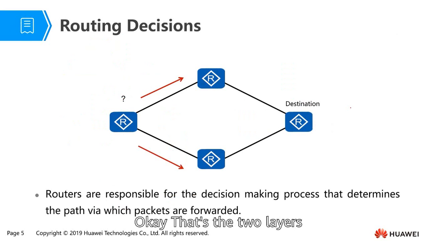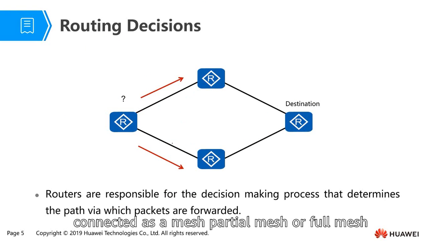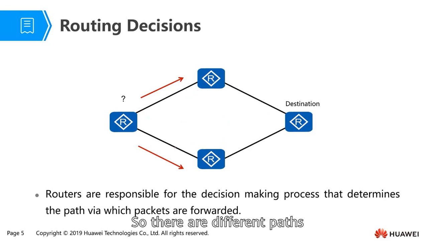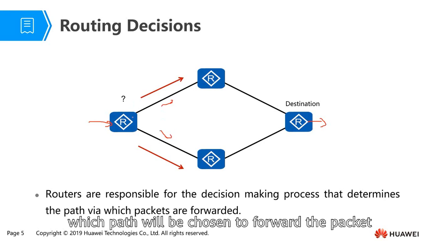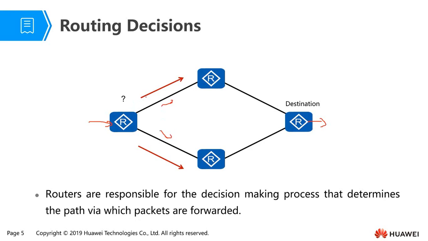Okay, and then the routing decision. Of course, the network may be connected as a mesh, partial mesh or full mesh. So from one source to the destination, there are different paths. Then which path will be chosen to forward the packet?